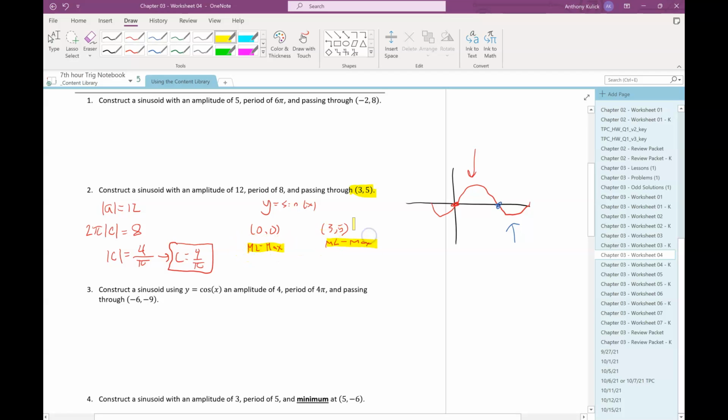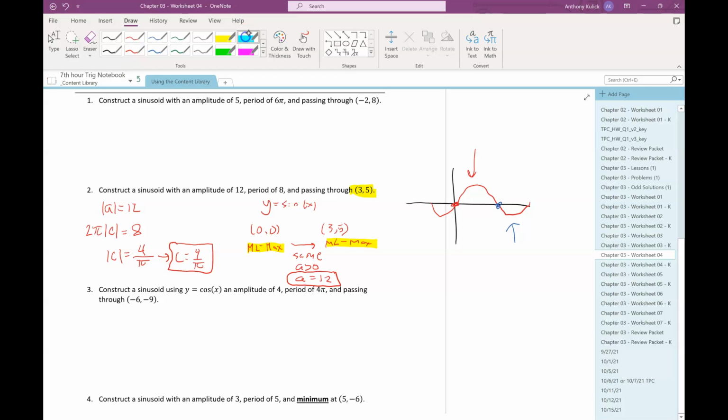Because these parts are the same, that tells me that the A coefficient is positive. So my A in this case is 3. If I had chosen to make 3, 5 a midline min, then A would have to be negative. Everybody's okay with that?